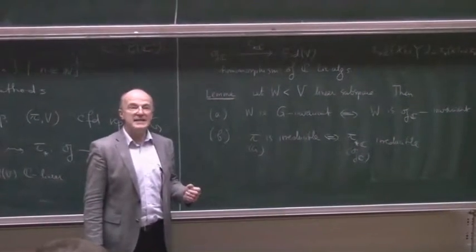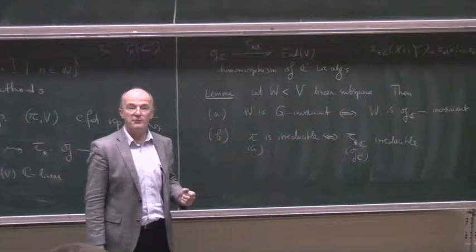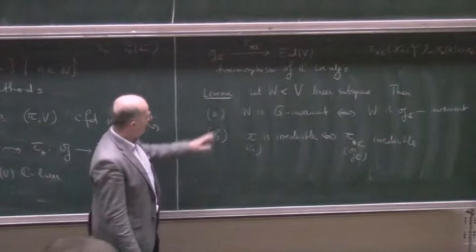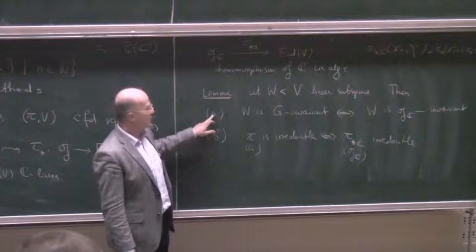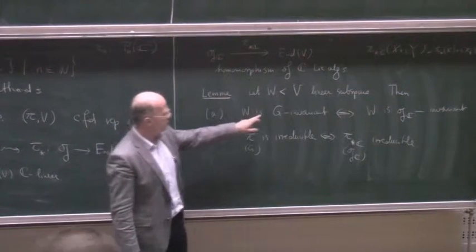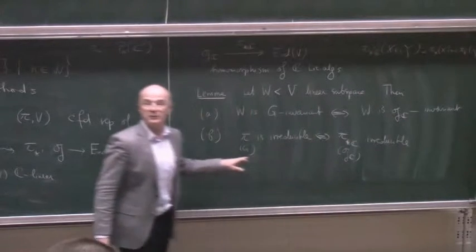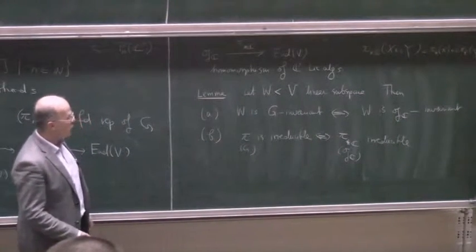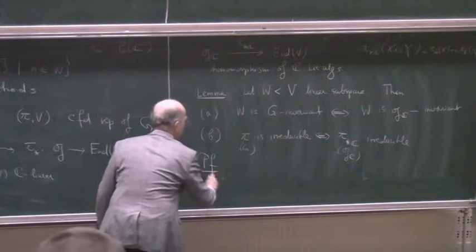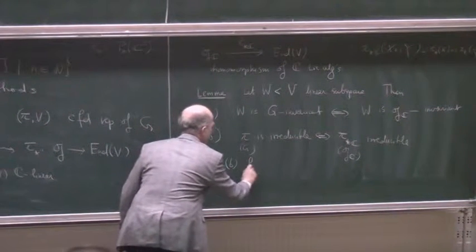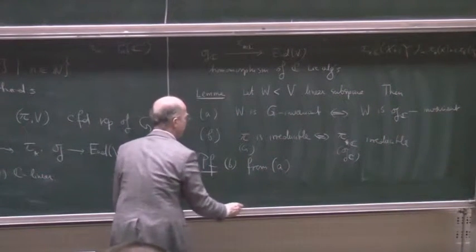Well, that means that the only invariant subspaces are 0 or the full space. Now if we know A, then B is obvious, because A asserts that the invariant subspaces for G and for G C are the same. And that means that the notion of irreducibility is the same. So B follows from A. So let's concentrate on the proof of A.